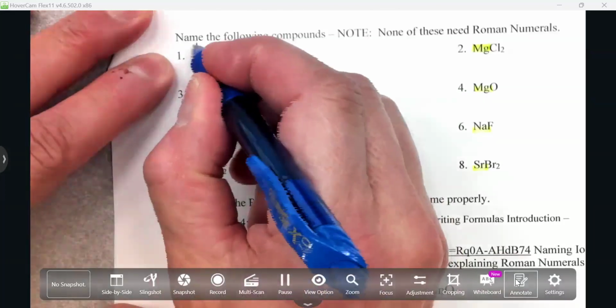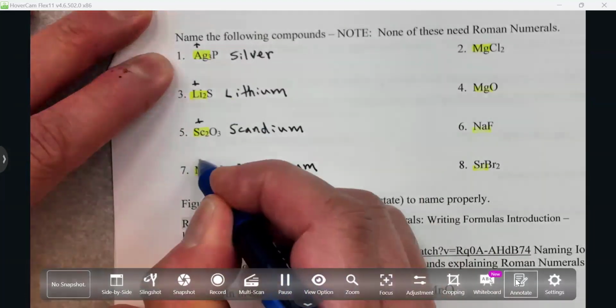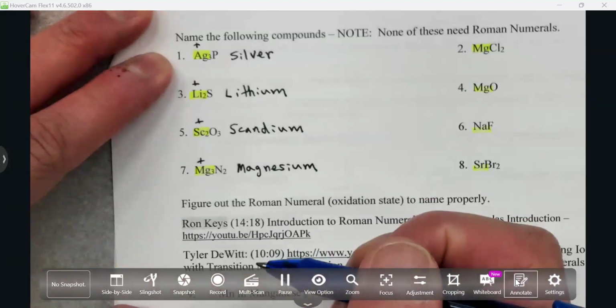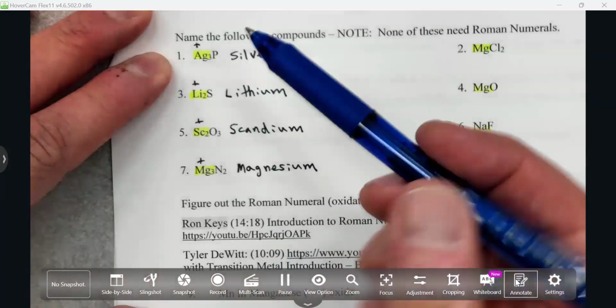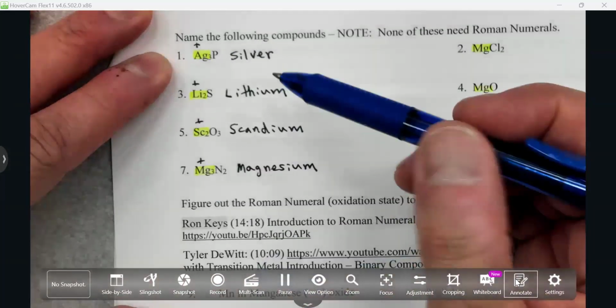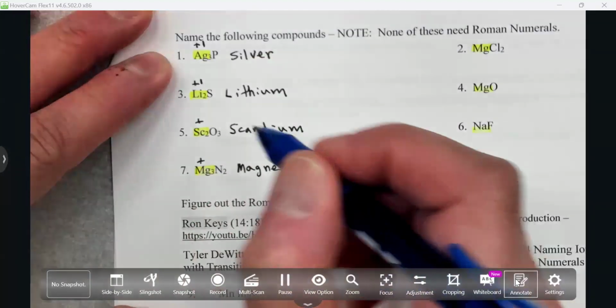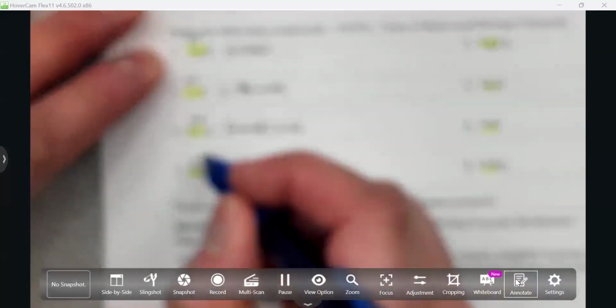So on the left, positive, positive, positive, positive, right? Positive ion. I didn't put the correct charge in, but I guess I can put them in. +1, +1, +3, and +2.